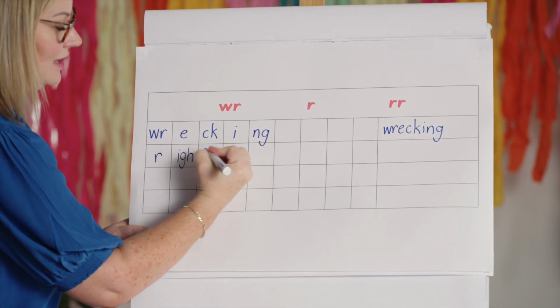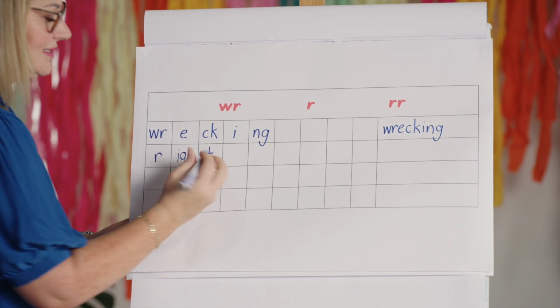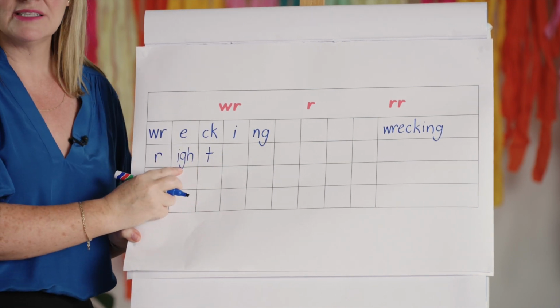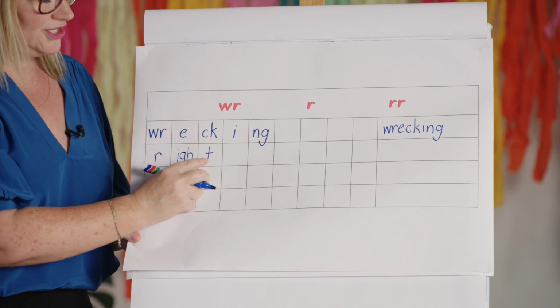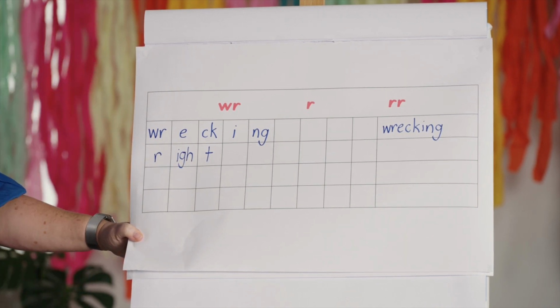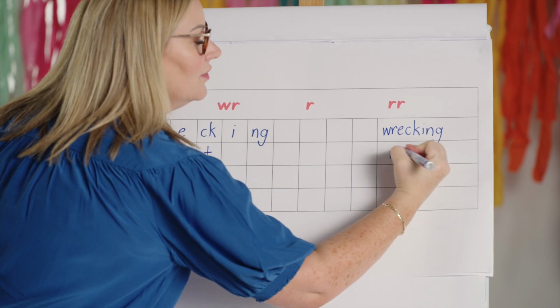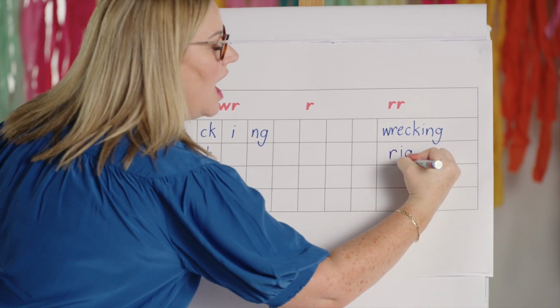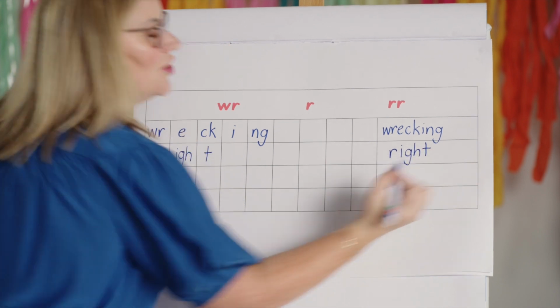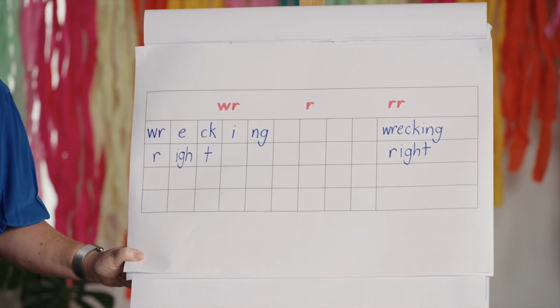I, G, H, T. And this is the I as in light. Right. I'll give you a chance to try and fix that up if you need to. Now let's write the whole word together. Let's go. Right. I, G, H, T. Right. Very good.